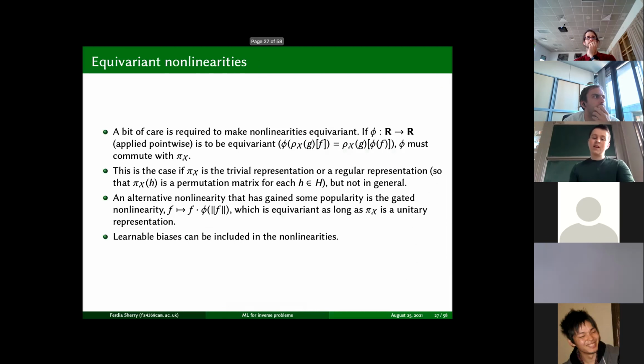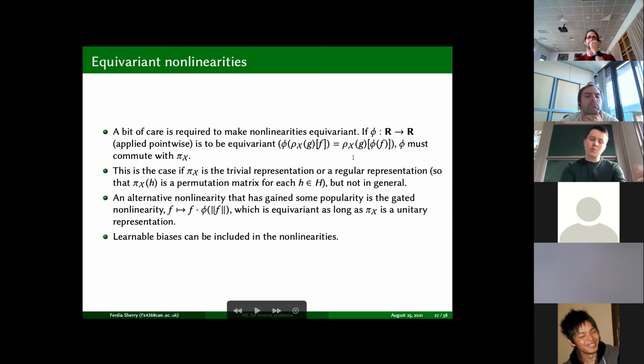So nonlinearities are potentially a bit more difficult than they are for ordinary neural networks, but you can still come up with various ways of making equivariant nonlinearities, including this self-interaction, or you can have various parts interacting with each other.